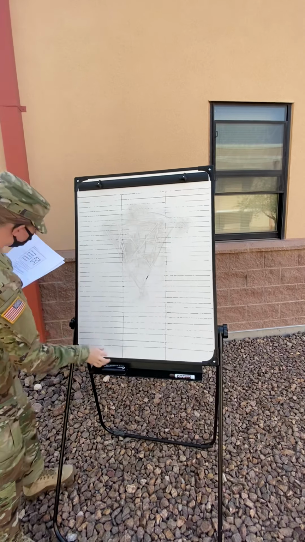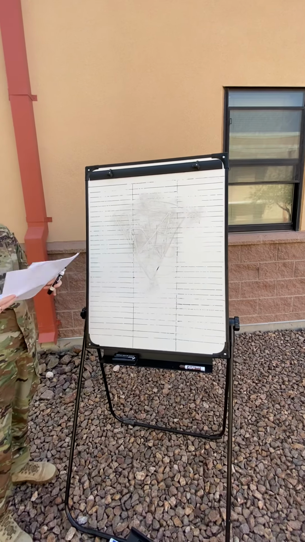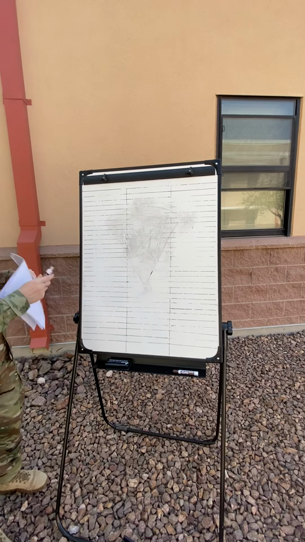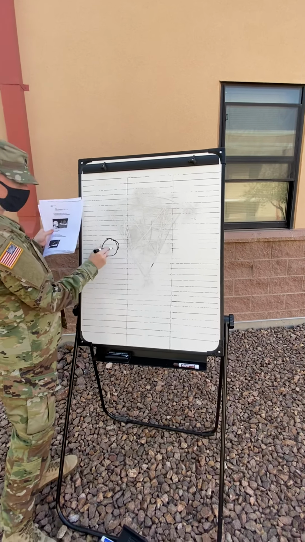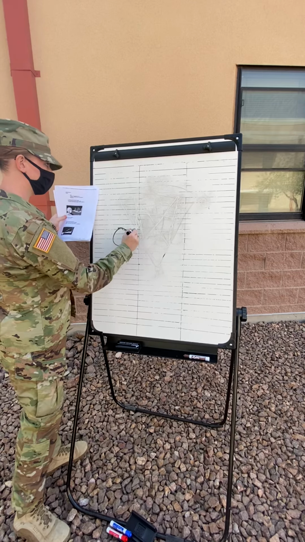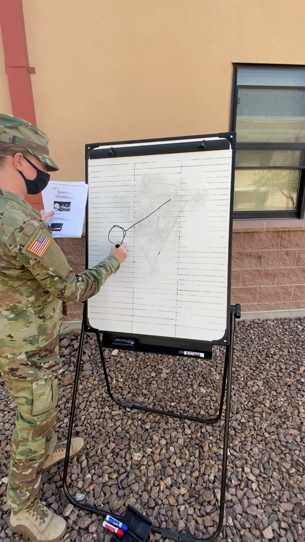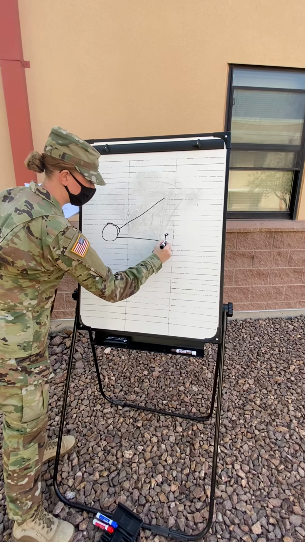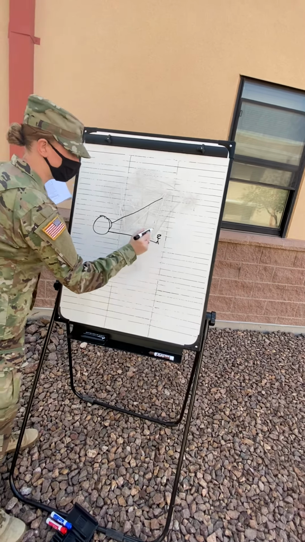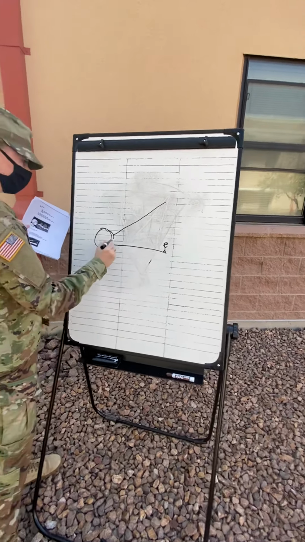So for example, what that is going to look like is, this is your eyeball, right? And then say this is the person that you can actually see out in the dark, right?